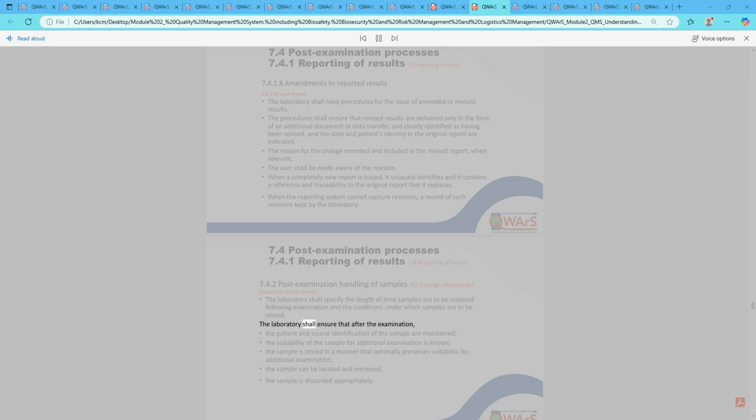The laboratory shall ensure that after the examination, the patient and source identification of the sample are maintained, the suitability of the sample for additional examination is known, the sample is stored in a manner that optimally preserves suitability for additional examination, the sample can be located and retrieved, and the sample is discarded appropriately.